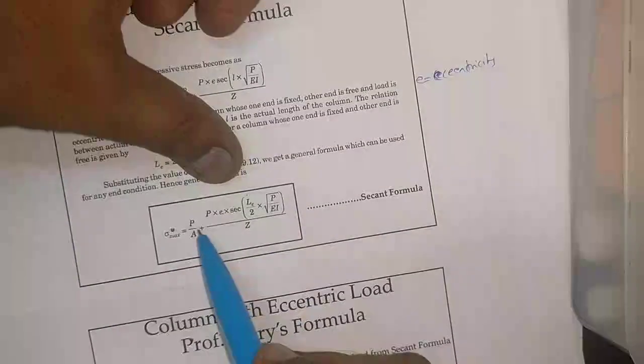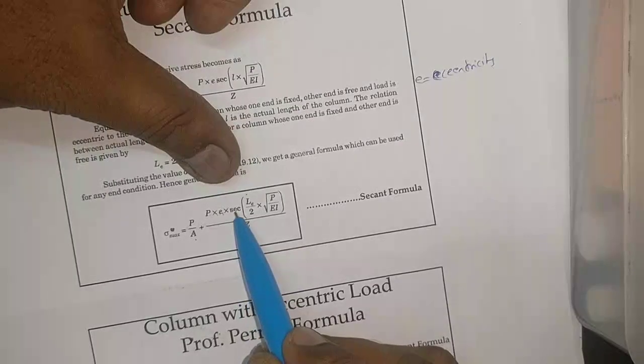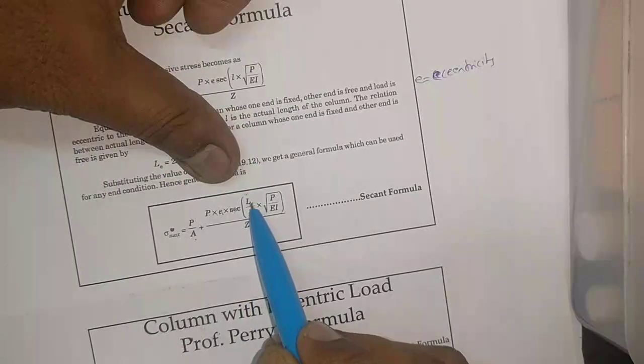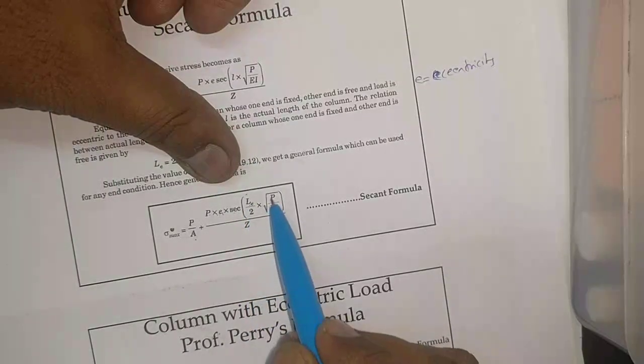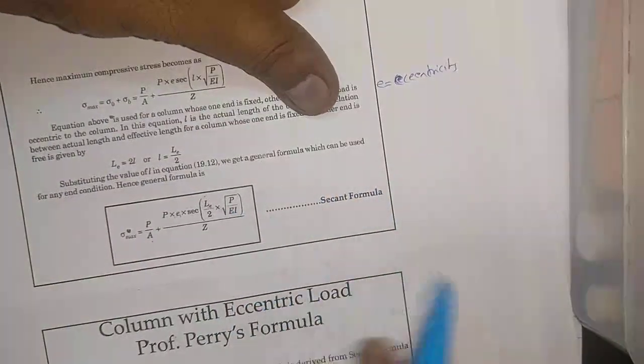So here you see P by A, P into E, secant LE by 2. LE is again effective length, under root P by EI by Z. So I'll explain how to solve this problem.